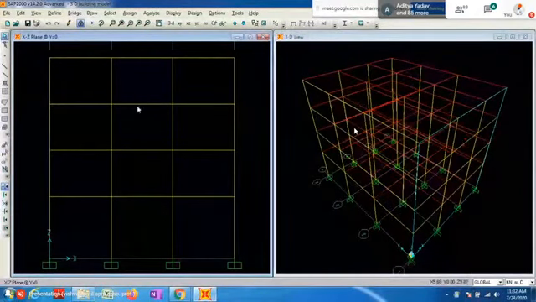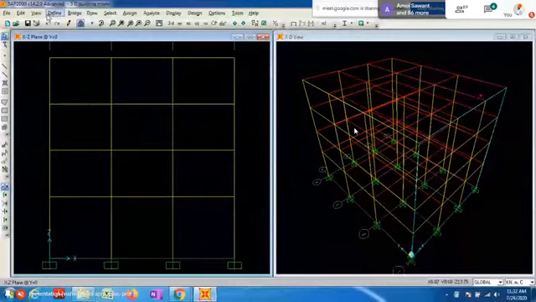Flexural nonlinearity. First of all, select the elements, select the beams. Select properties, frame and beam. All the beams have been selected. We can check in the 3D view. These are the elements to which the nonlinearity is to be defined.